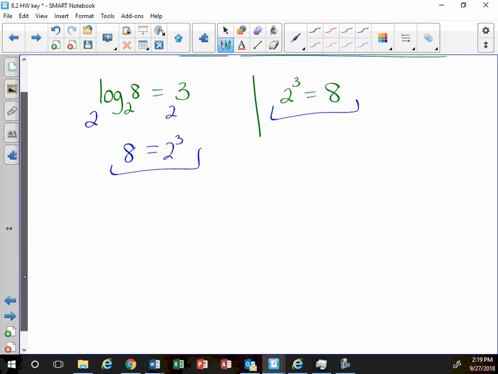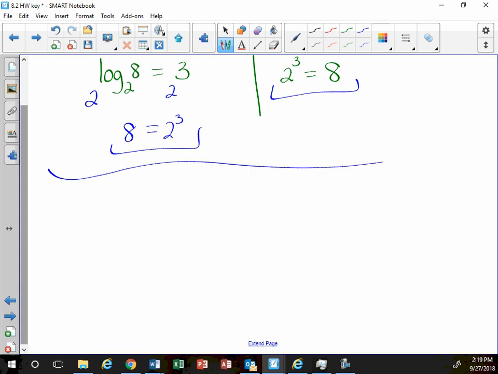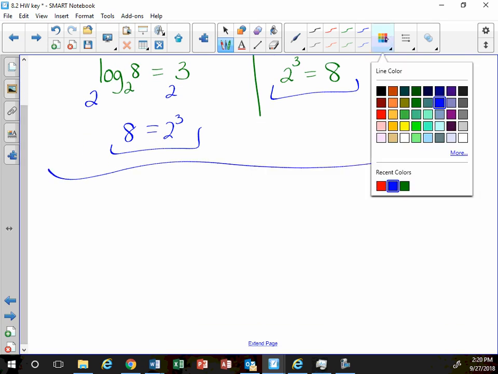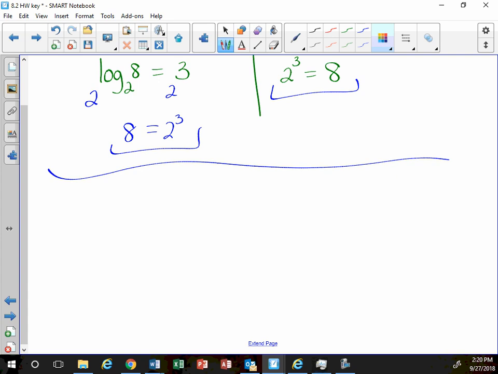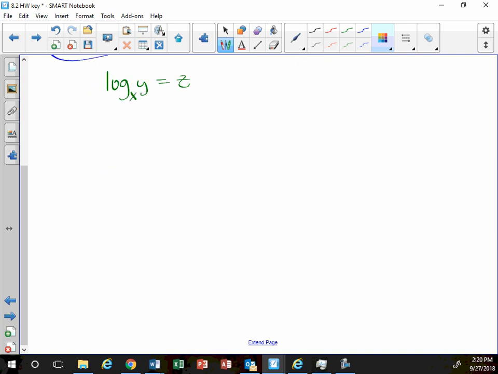So let's do one with variables then, just to make sure you got it. Let's say log base x of y equals z.